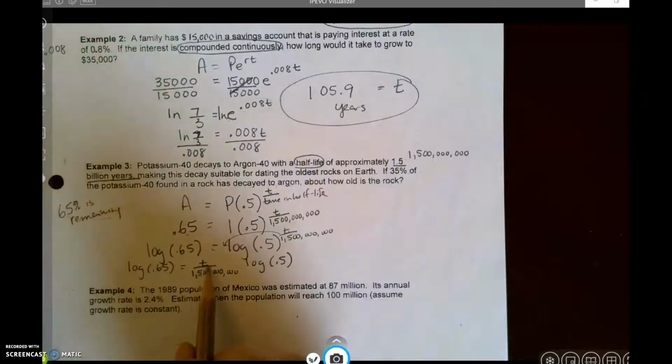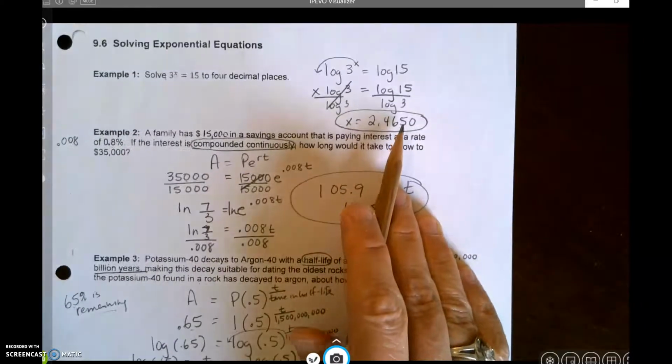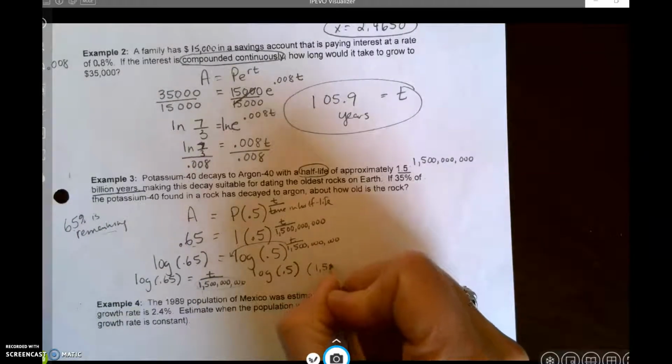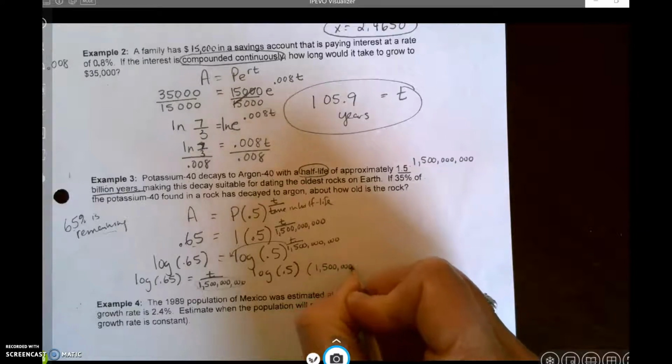Well, normally at this point, we don't have something here. Like up here in this problem, we were just left with x. But here we've got this other number we still need to do something with. So if I multiply both sides by 1,500,000,000, these will cancel, and now it's over here.